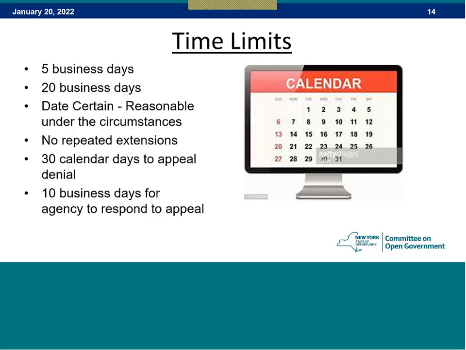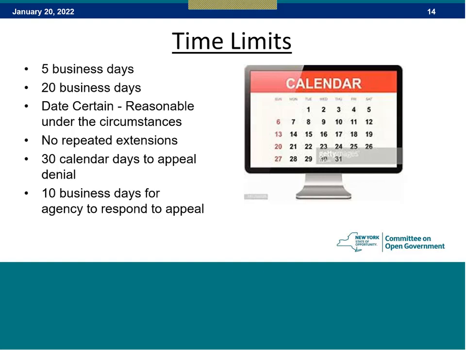What the law states is that generally there's an assumption that the agency should be able to respond within 20 business days of acknowledging the request. So the date, under normal circumstances, that is given in the acknowledgement letter should not be any longer than 20 business days.